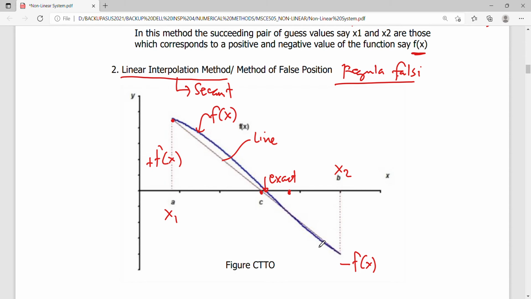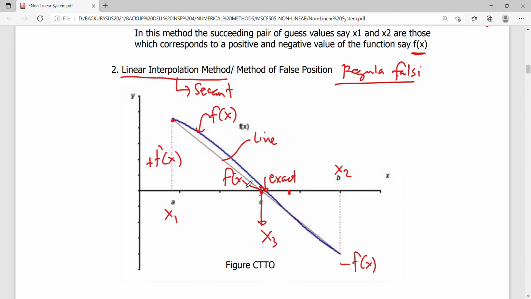So how do you get the equation of this line? It's simple, no? You have a point here and a point there. So you just get the slope of the line. You have a, b, you get f of x. What's the slope of this line? If you know the slope, you know one point, maybe this or maybe that, so you get the equation of the line. And then set it to 0, you get this. So this will be your x3 value. From that x3 value, you get again that f of x there.